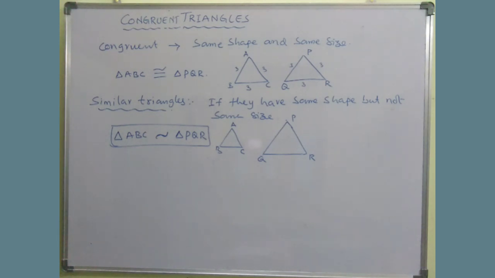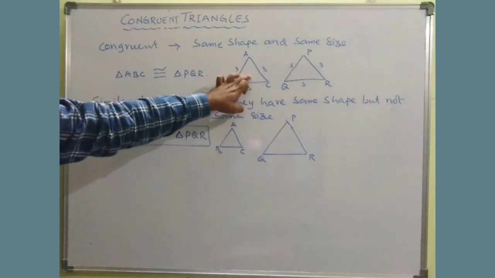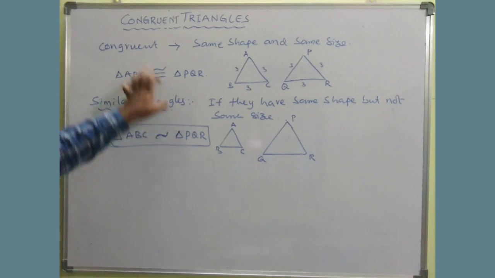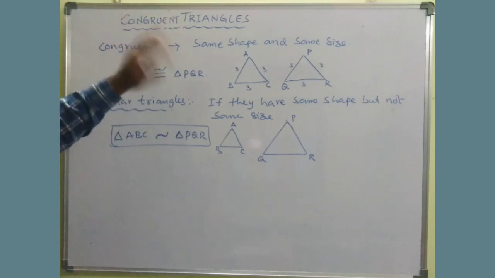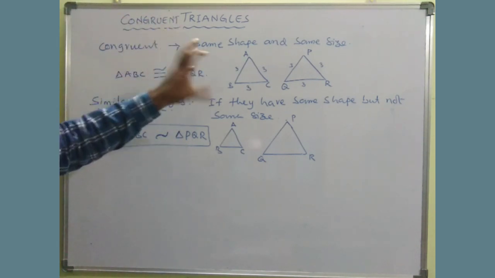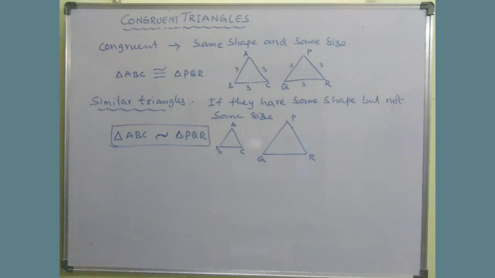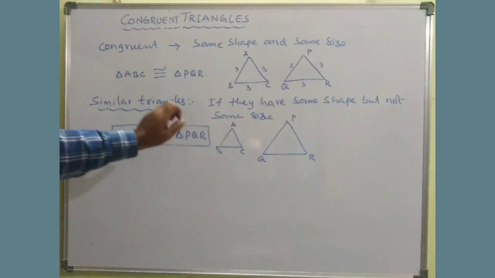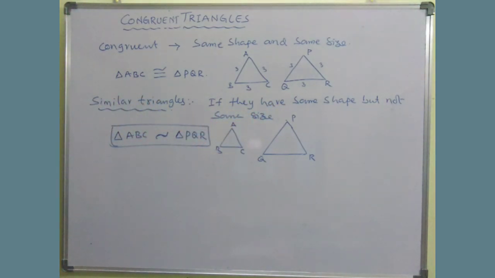If two geometrical figures are congruent, because of same shape we can say that they are similar. Understand? Congruent means they are also similar and moreover with equal size also. Whereas similarity means only same shape but not same size.